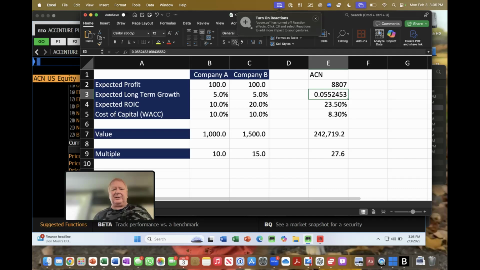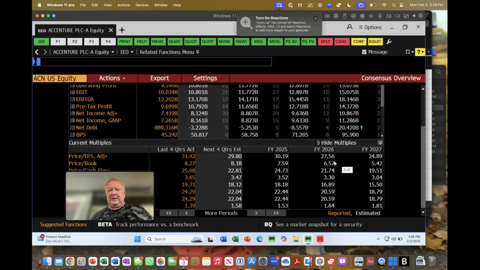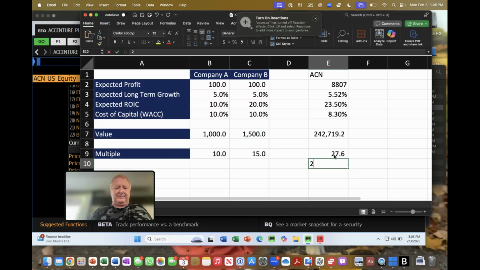At 5.52% G, the model says we should trade at 27.6 PE, and right now Accenture's PE is 27.56 next year. We just matched it. That would suggest Accenture should have a value, shareholder value, of 242.7 billion.